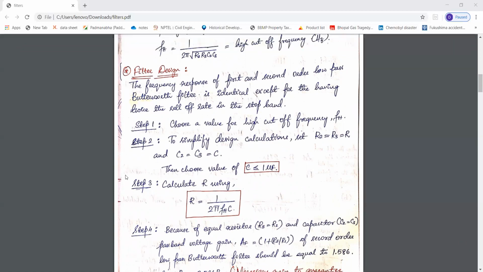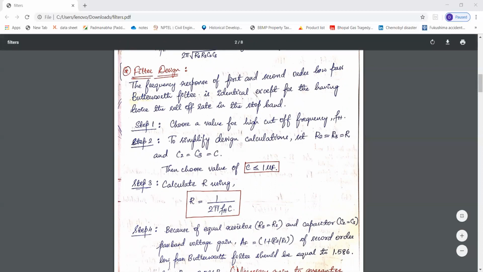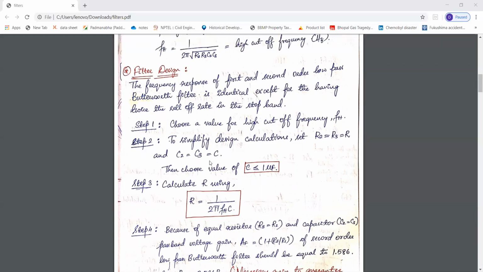Here we are going to set the resistors R2 and R3 equal to R and the capacitors C2 and C3 equal to C. Why is this done? In order to simplify the design calculations. So we set R2 and R3 equal to R, C2 and C3 equal to C, and then we choose a value of C such that it is less than or equal to 1 microfarad.